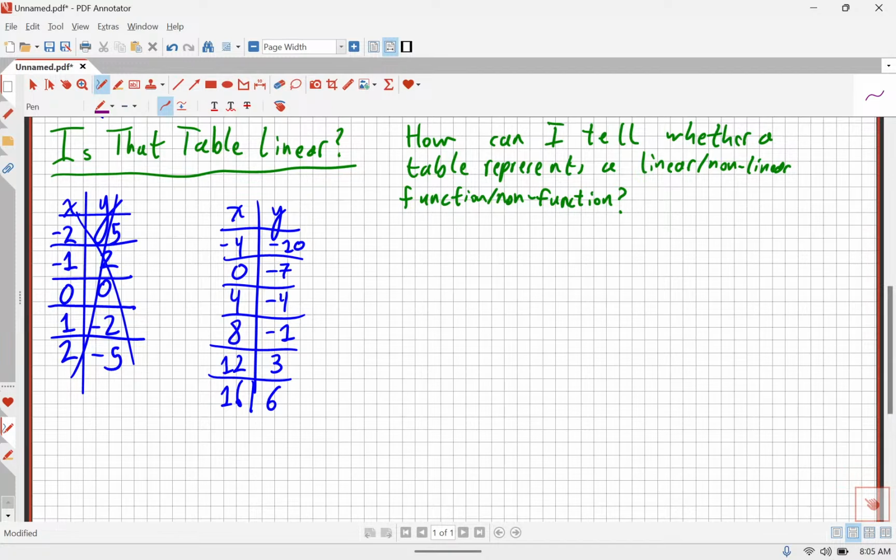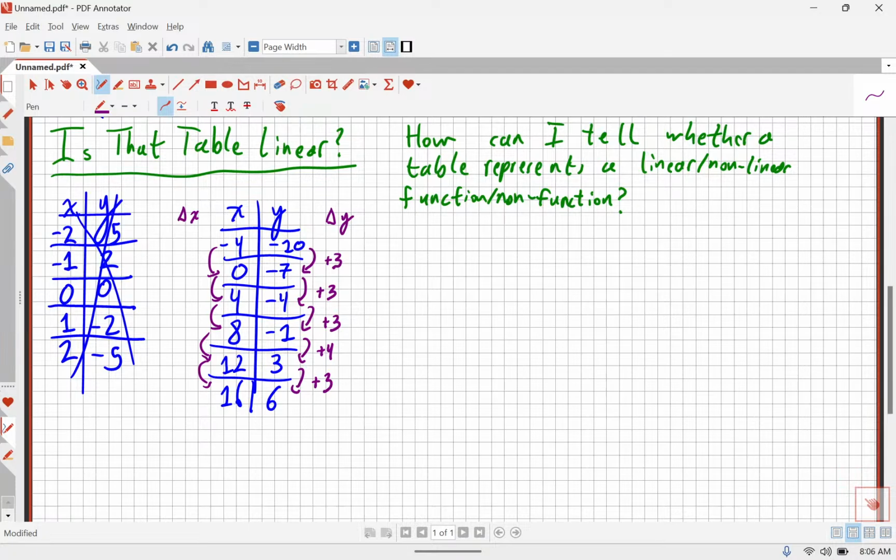To check if it's linear, we're going to check to see if my change in y over my change in x is always the same number. So looking at my change in y and my change in x, that's an increase of 3, increase of 3, increase of 3, increase of 4, increase of 3.